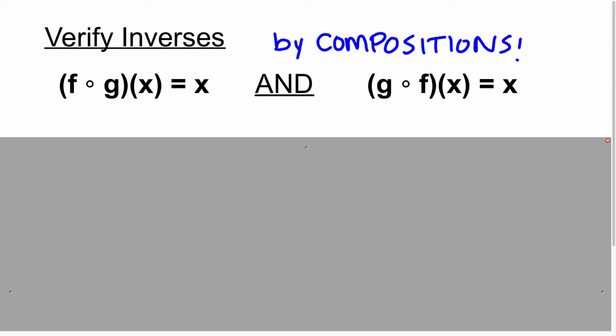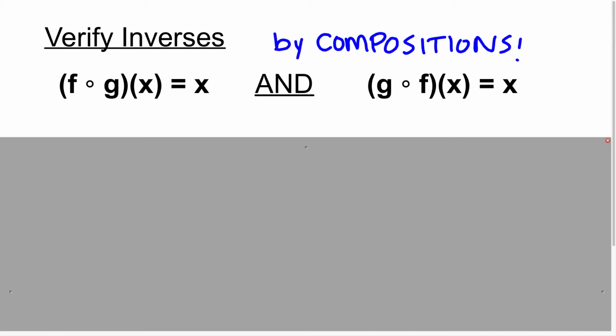If you combine them through composition, all the numbers are going to cancel everything out and you're just going to be left with x. So if you do the composition f of g of x, it will equal x, and if you do g of f of x, it will equal x. And technically, to prove inverses through compositions, you would do both compositions.